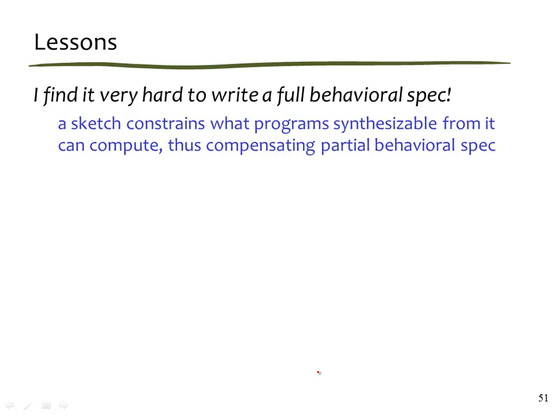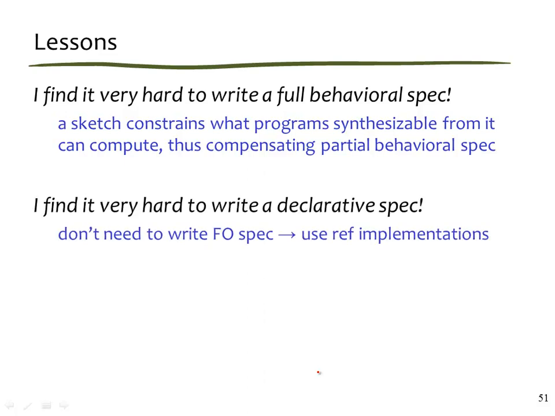So for example, for sorting, if you know that every program defined by your sketch performs a permutation of the input, then your behavioral spec does not need to say that the output needs to be a permutation because you have constrained it perhaps indirectly in the partial program, in the sketch. If you find it really hard to write the declarative spec, perhaps you don't need to write first-order specification, you can use reference implementation or input-output pairs.